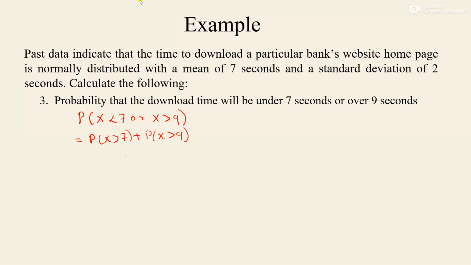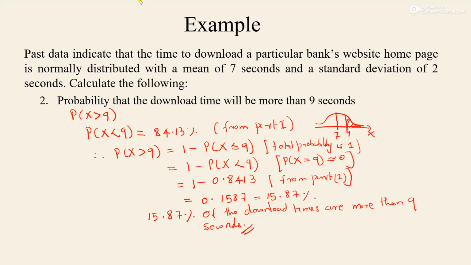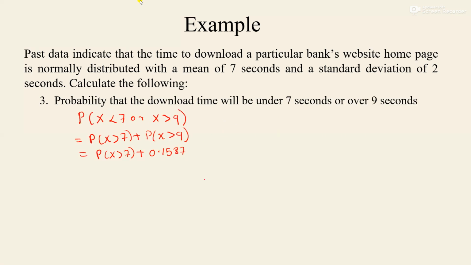The probability of X greater than 9 we already calculated in the previous part: 0.1587.